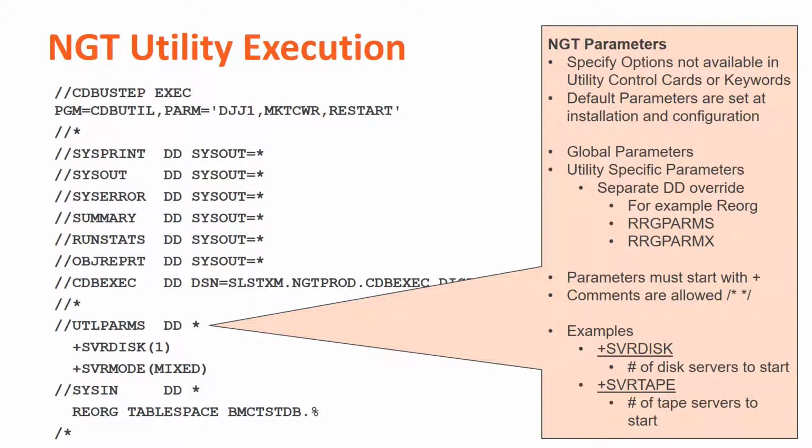There are global parameters which control execution of all the NGT utilities, global to the technology. Then there are utility-specific parameters, for example, reorg index and reorg table space parameters. Parameters must start with a plus sign. That is why we typically call them plus parameters.